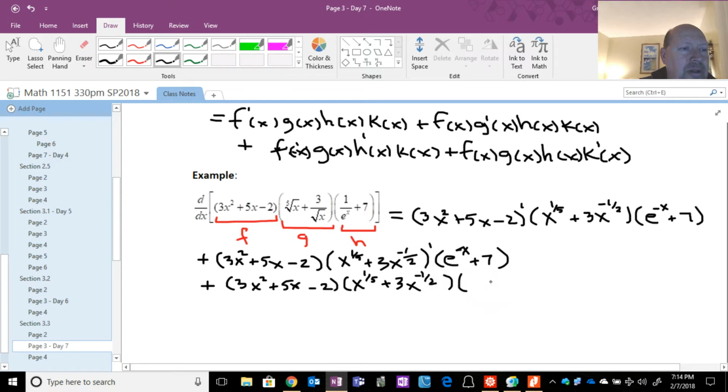And then we're going to take this last one, I'm going to rewrite it back as 1 over e to the x, because most people don't know yet how to take the derivative of e to the negative x. So you can use the quotient rule on this 1 over e to the x plus 7, because this is the factor we're taking the derivative of that time.